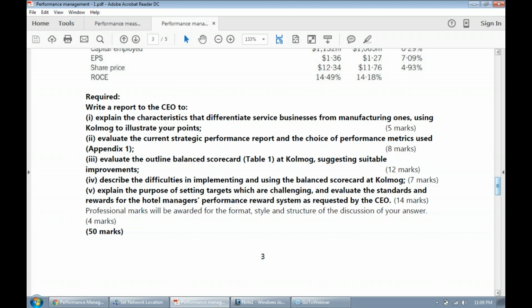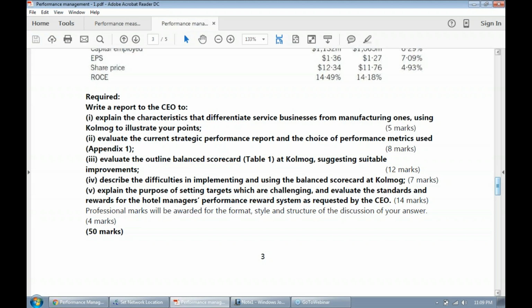Now, the first requirement is something which we have already studied in very basic classes, in F2, where we were introduced to service costing, what the service sector is, and how the service sector operates. There we learned some basic characteristics of how we can identify any organization to be a service sector or not. So this is a very basic brought-forward knowledge kind of question.